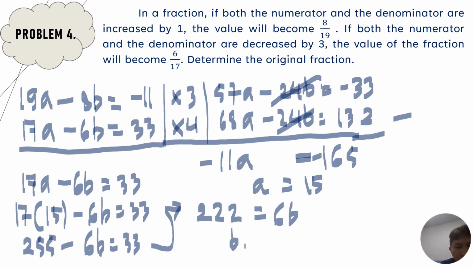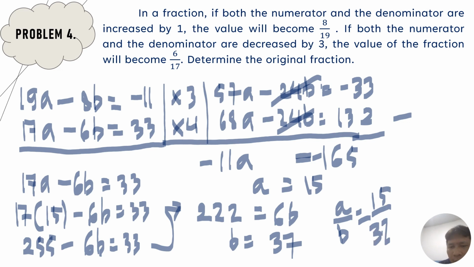Then B equals 222 divided by 6, which is 37. Okay, so the original fraction is A over B equals 15 over 37.